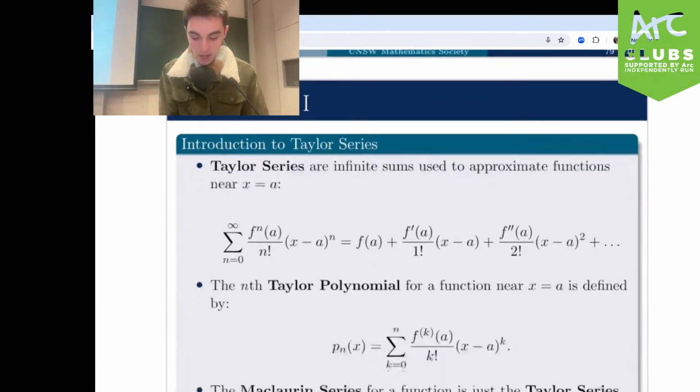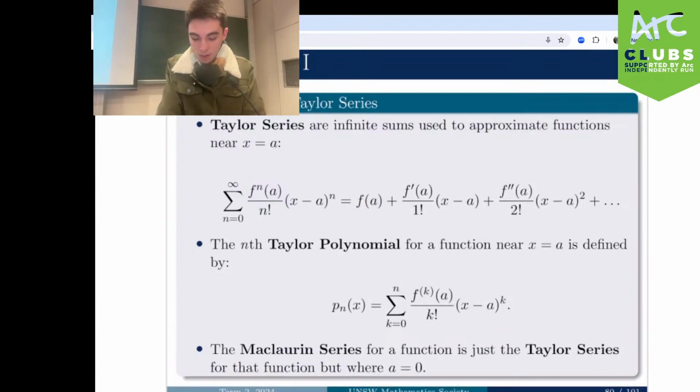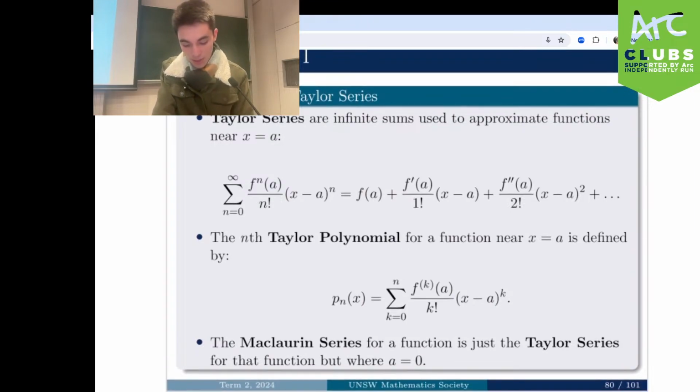Now, Taylor series. This is an important part of our course. Taylor series are infinite sums used to approximate functions near x equals a. It's just an infinite series with increasing powers of x added to the terms.